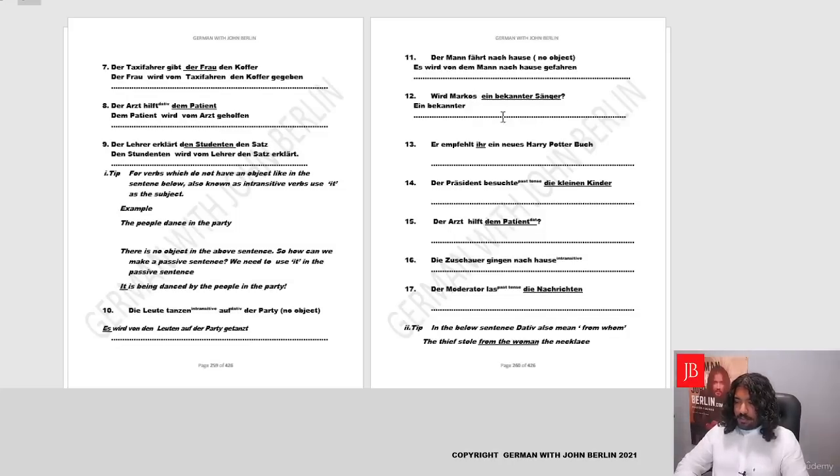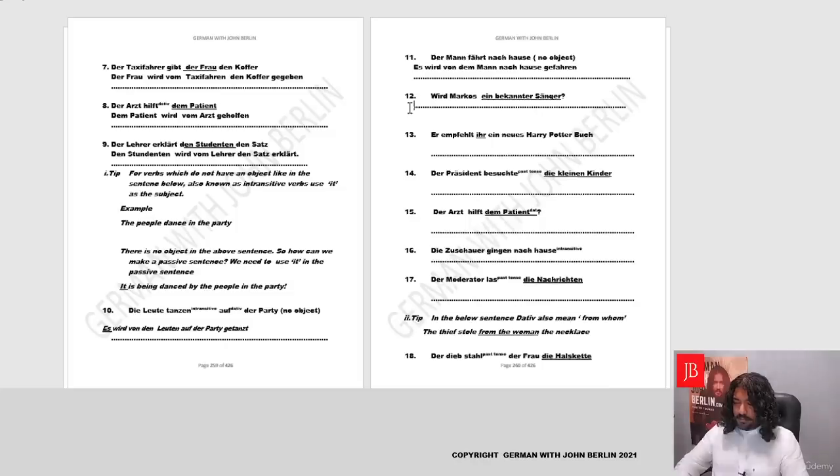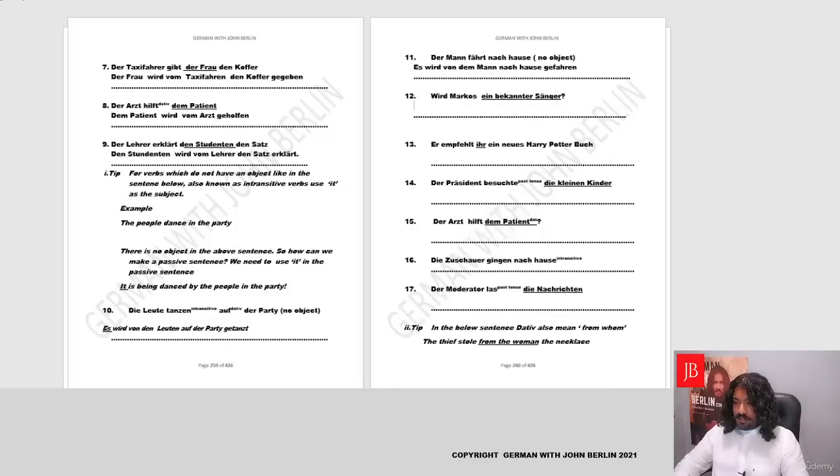So we need to begin the sentence with a verb. So the verb is basically wird ein bekannter Sänger von Markus. To become is werden, and in perfect is geworden.